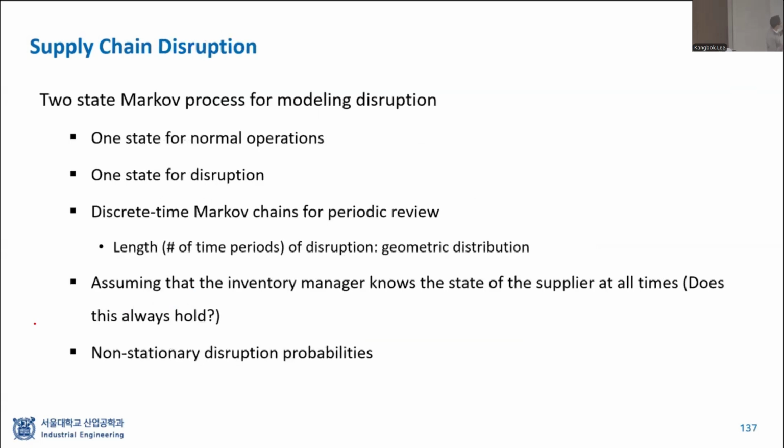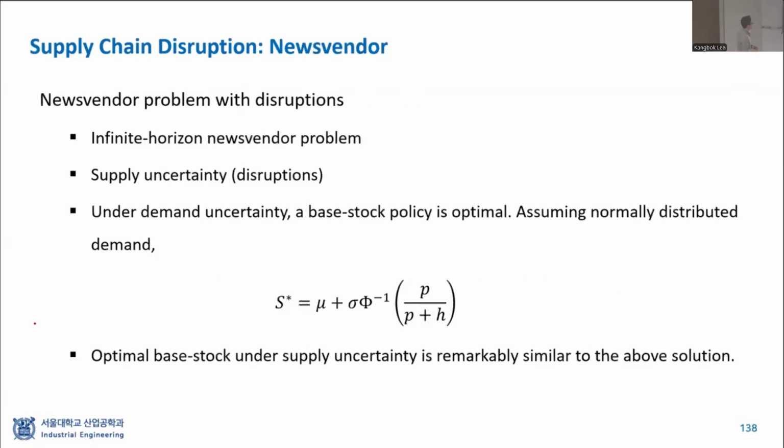So this part of the theory is almost done. We can basically use a discrete time Markov chain to model this random disruption of the supplier. And if we can successfully capture this Markov chain in our supply chain or inventory model, then we can apply the simple newsvendor model with the new Markov chain structure of the disruption. So here, instead of the customer random demand D in the newsvendor problem, we consider a source of uncertainty not for the customer demand but for the disruption of the supplier.